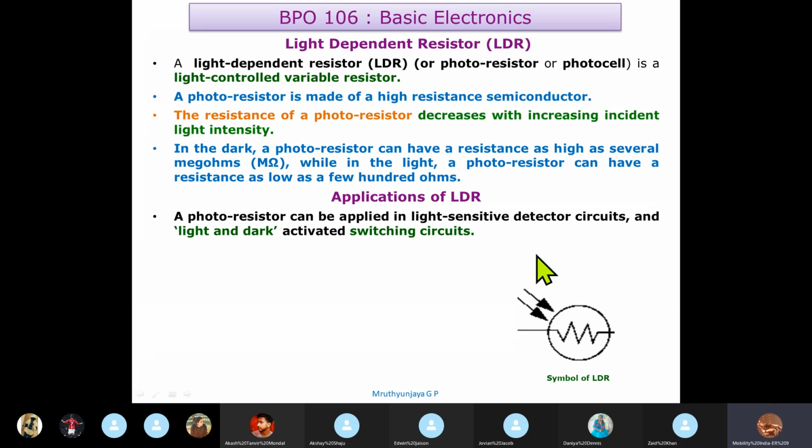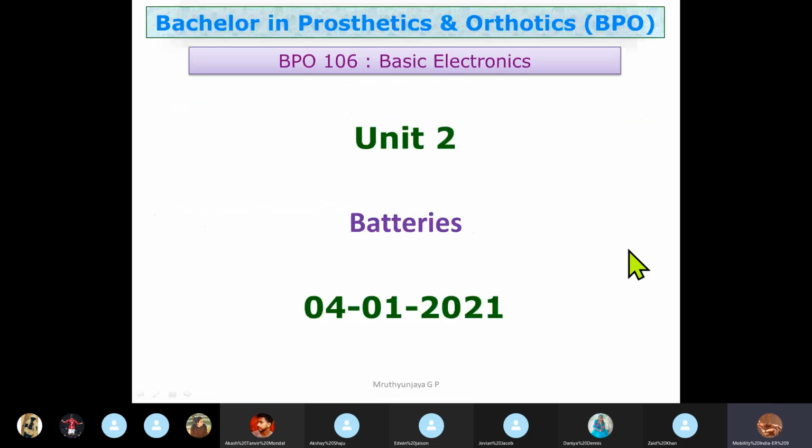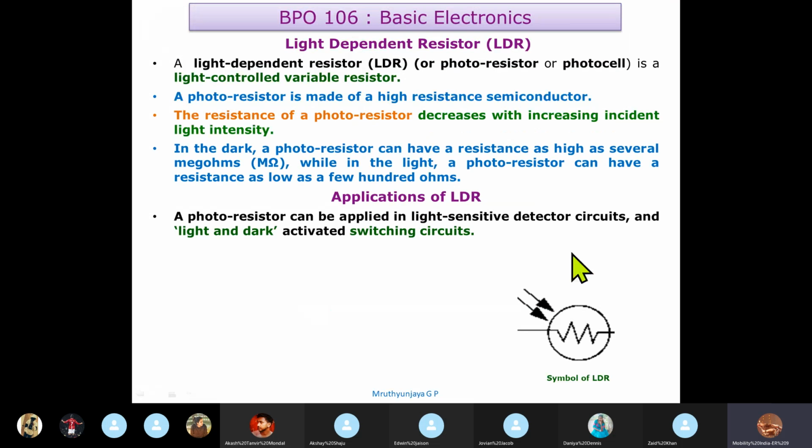Behind every such device is an LDR, a light dependent resistor, or the concept of LDR is applied in all these light sensitive switches, which most of us would have come across here and there. Can you think of a typical application before we close?